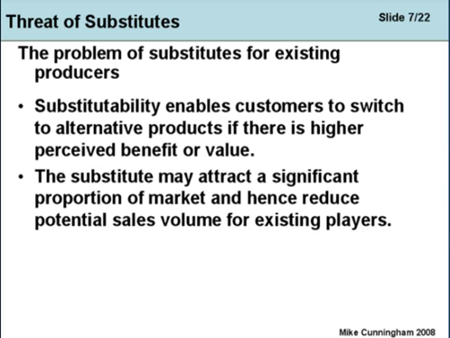The substitute could attract a significant proportion of the market, and in this way it could reduce sales for the existing players. I say players, I mean companies, but it could cause a significant reduction in potential sales. It depends on the degree of substitutability between the products.